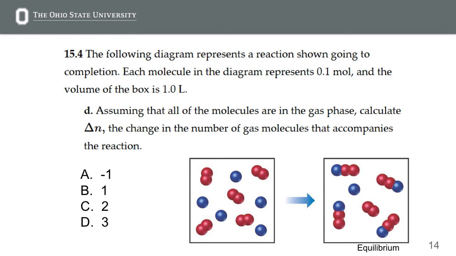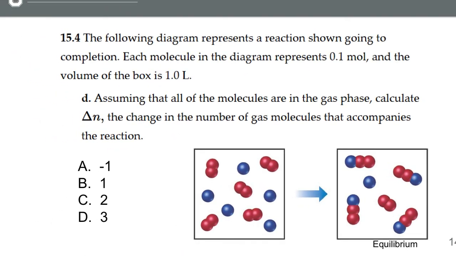Let's go back to this problem that we were working on. Did a few different things with this one. Here we have a reaction that is, if we recall, A2 plus B in equilibrium with A2B. If we assume that everything is in the gas phase, someone asked me about that last time. How did I know they were in the gas phase?